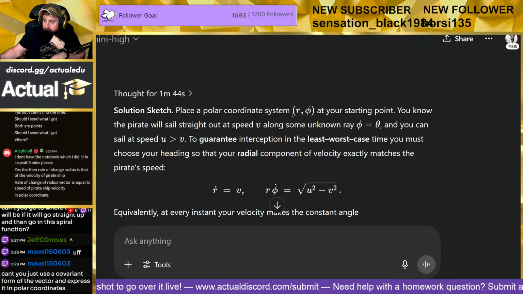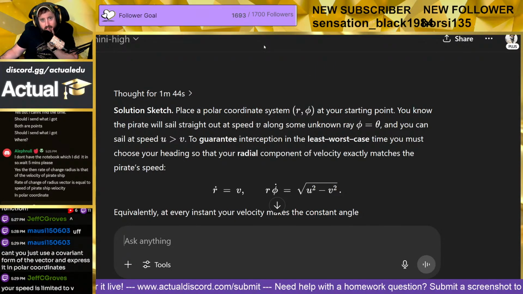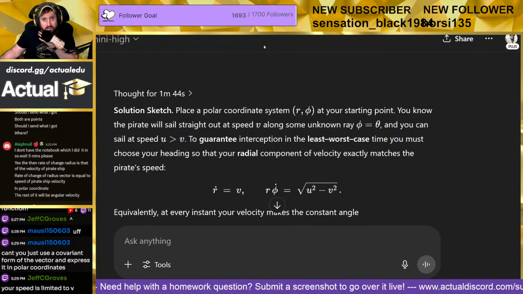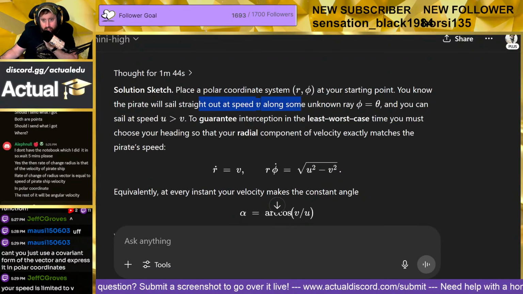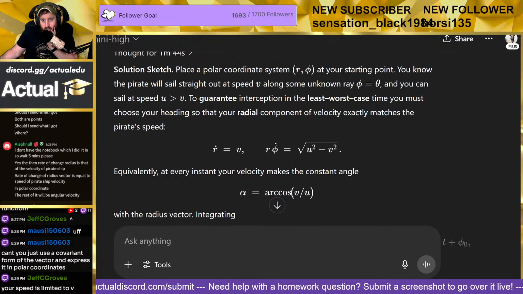Okay, here. We made ChatGPT think for a minute and 44 seconds. Place a polar coordinate system. You know the pirate will set sail some unknown ray, phi equals theta. Sure. U can sail at speed U greater than V. To guarantee, you must choose your heading so that your radial component matches the pirate's speed. Sure, R prime must equal V. R phi.